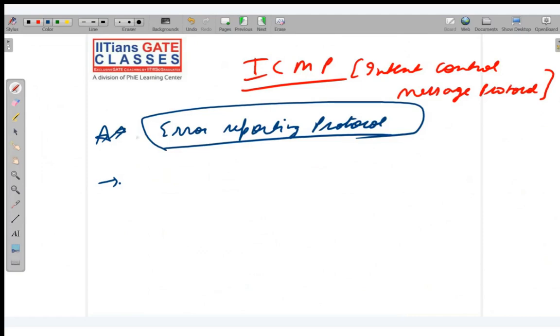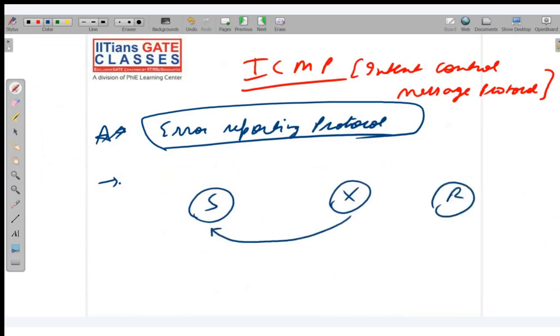So what is the direction of packet movement from the ICMP side? It is reverse, like from router to the sender or from receiver to the sender. Generally the sender will send a message to the router, and the router will send a message to the receiver, but ICMP packet movement is completely opposite.